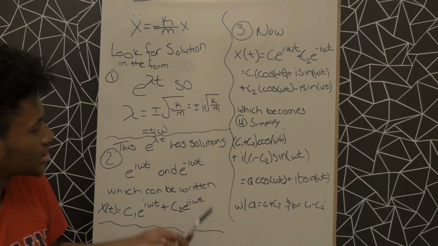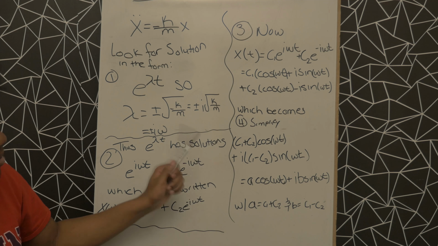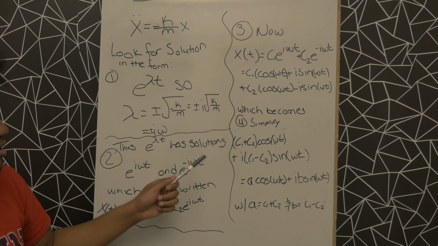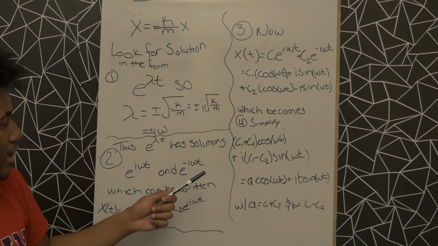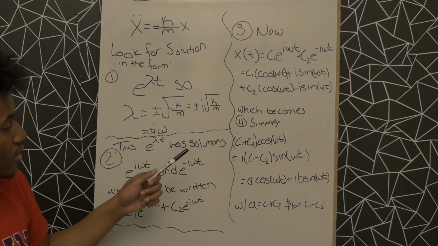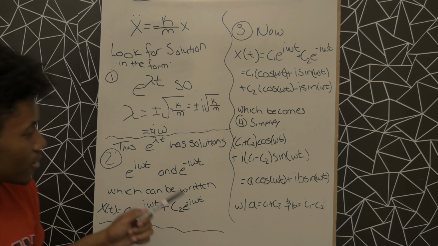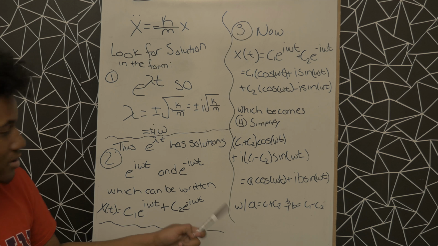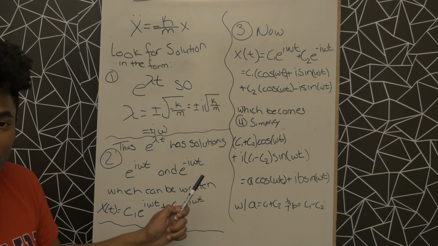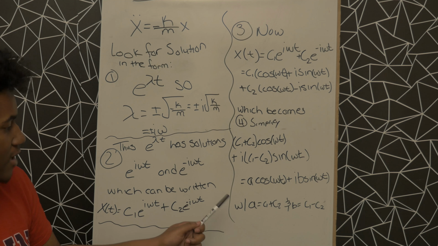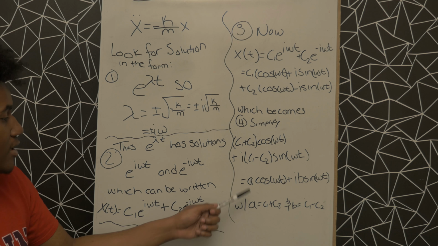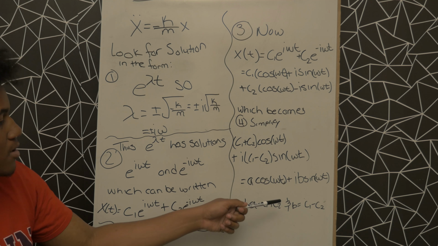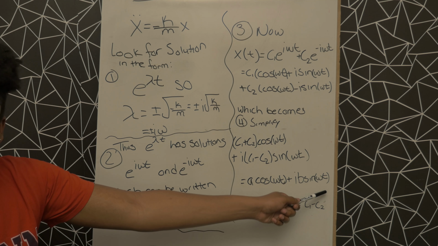So from there, you could simplify that to C1 plus C2 times cosine omega t plus i times C1 minus C2 times sine omega t, which, if you set A equal to C1 plus C2 and B equal to C1 minus C2, you can simplify that down to A cosine omega t plus i B sine omega t.